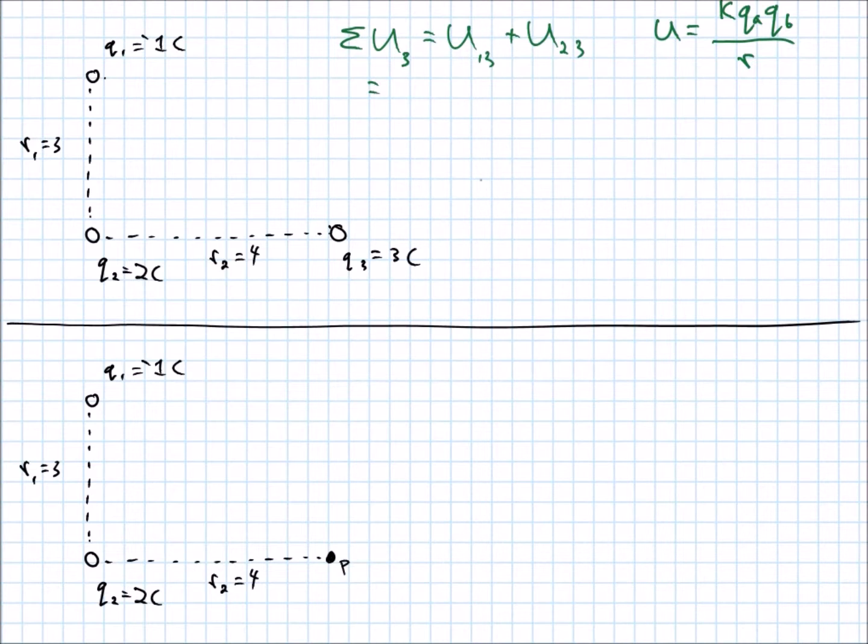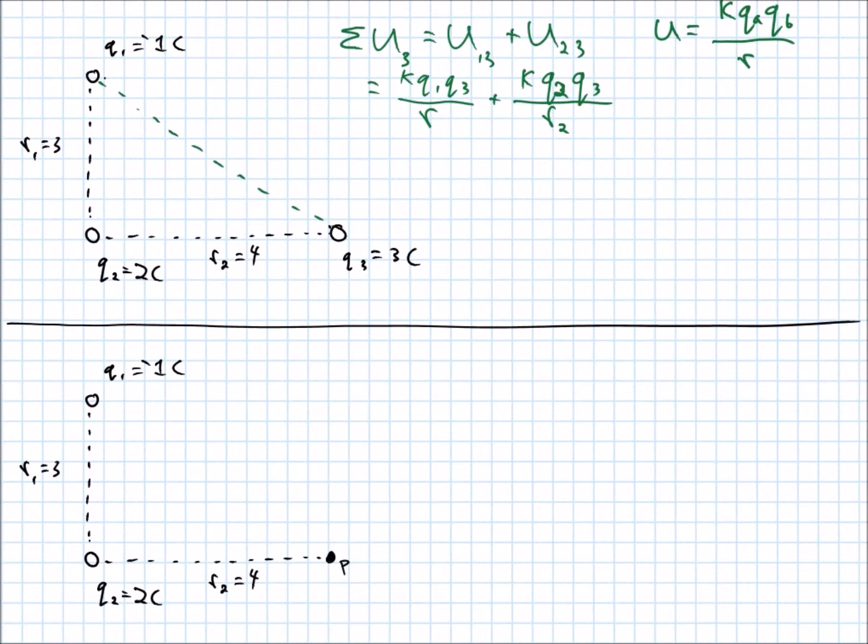This total energy is going to be K Q1 times Q3 over the distance between them, plus K Q2 Q3 over the distance between Q2 and Q3. I called that distance R2. But this other R is the distance between Q1 and Q3, which is right here.